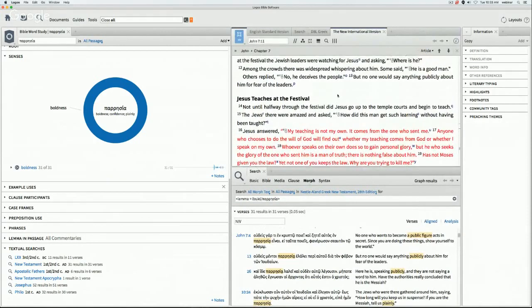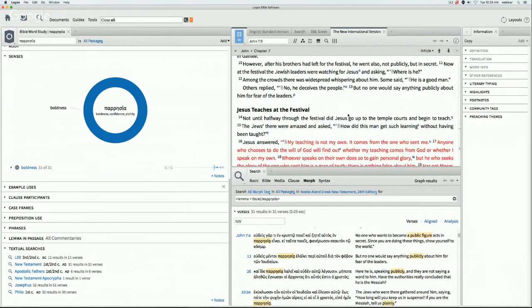Okay. So here we have some of the Jewish leaders saying that they are afraid of him, or afraid of saying anything publicly bad about him for fear of the leaders.